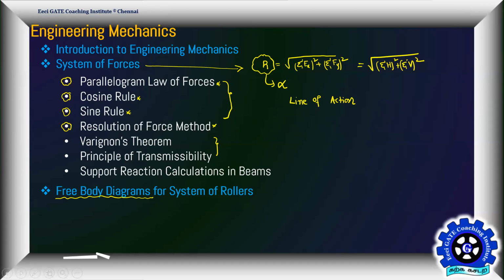My plan here is we need to cover most of the engineering mechanics concepts by using free body diagrams. You will get to know the importance of free body diagram by the end of the chapter, the total end of engineering mechanics. If you become expert in drawing free body diagrams, you can easily get minimum 6 to 8 marks in GATE.